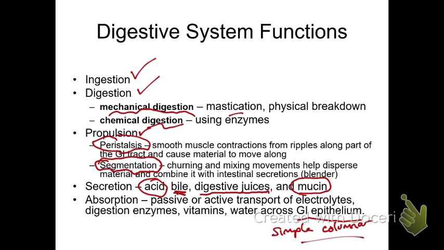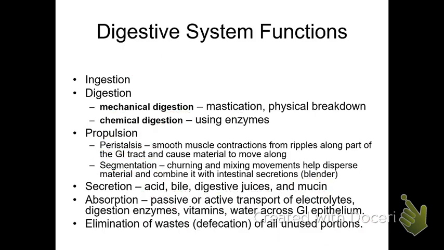And it's across that simple columnar epithelium that there is both passive and active transport. You know what that means. That means that some nutrients are absorbed from the intestines into the bloodstream, across those cells, through a concentration gradient. But more often than not, it's moving across by active transport or facilitated diffusion. And these are processes that we've looked at before. Whatever is not useful is, of course, eliminated through defecation.